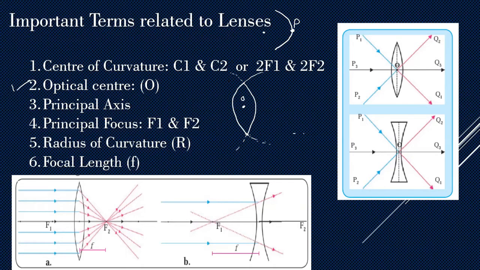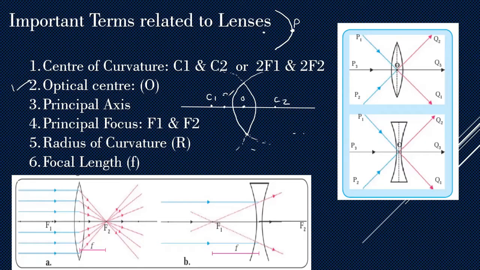If this one is a part of this surface, this is going to be center of curvature 1, and there's going to be a center of curvature 2, right? Now a straight line which is joining the optical center and both the centers of curvature is called the principal axis. That's the principal axis. Now, obviously, if there are two centers of curvature, there are going to be two focuses.